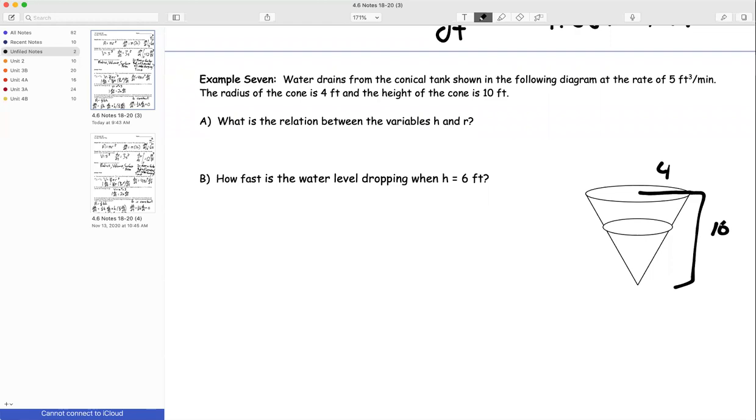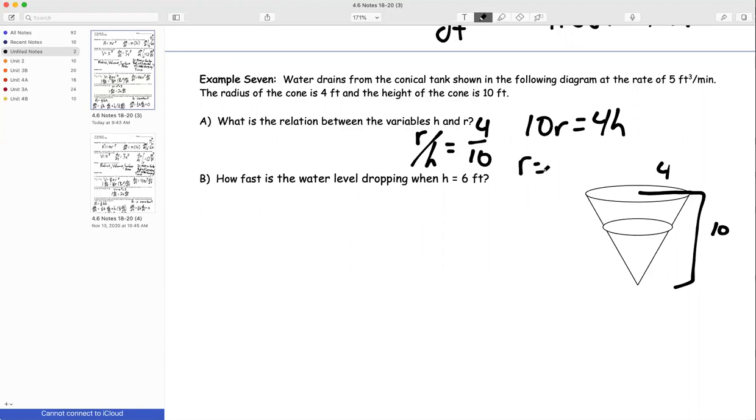I can write a ratio for the radius and the height. I'm going to say r over h is equal to 4/10. And then I'm going to solve one of the variables in terms of the other. So if I cross multiply here, I get 10r equals 4h. And then I'm going to solve for r.